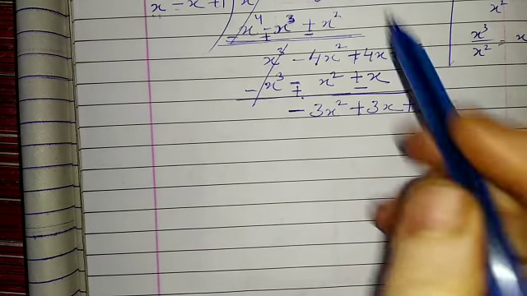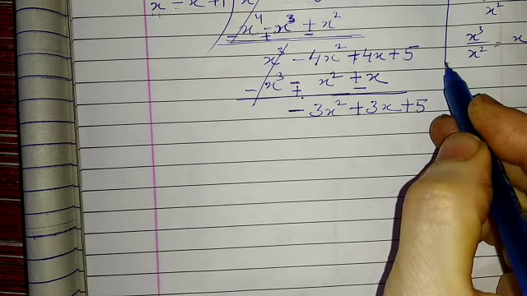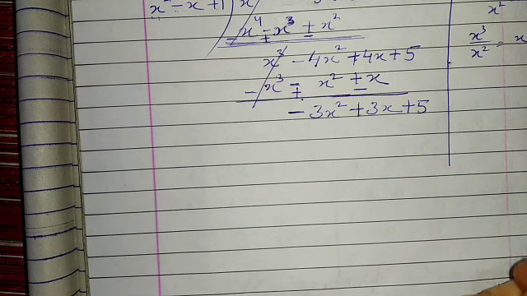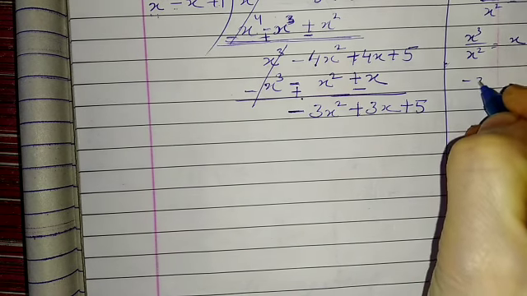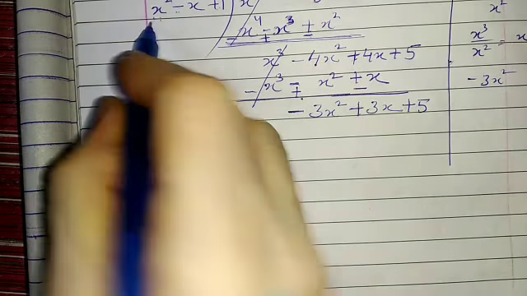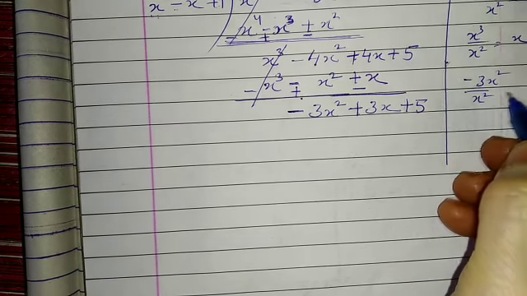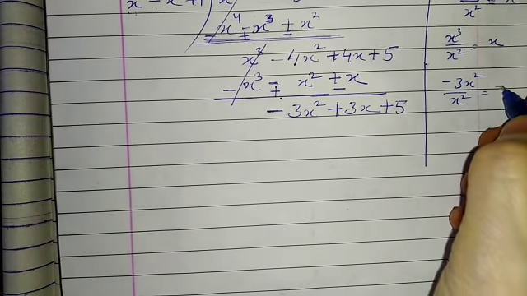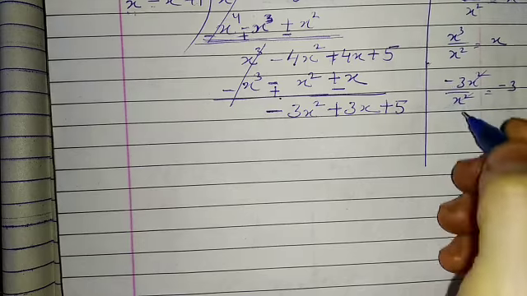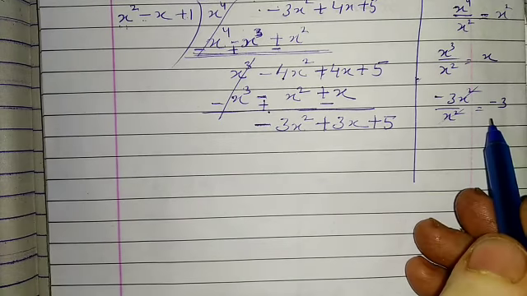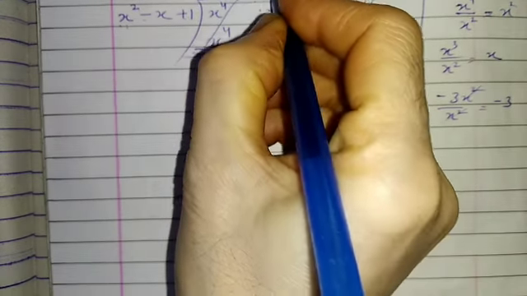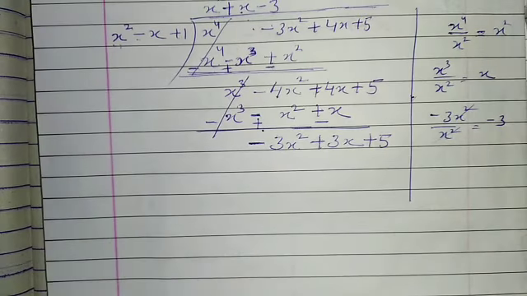Now what will be the next term of this quotient? Divide it, minus 3x square divided by x square. If you divide it, you will get minus 3, because the x square term will cancel. So divide by minus 3. Right here minus 3.